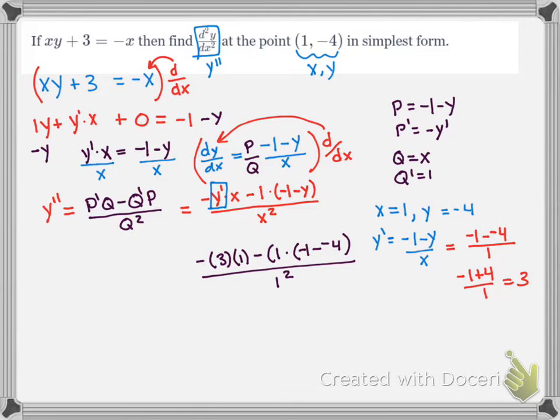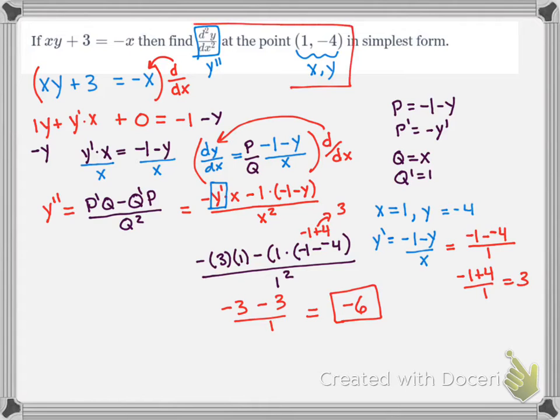So we've got to be careful with our order of operations here. Negative 1 plus 4, this is really 3. 3 times 1 is 3. So I have negative 3 minus 3 all over 1. That's negative 6. That is our second derivative at that given point.